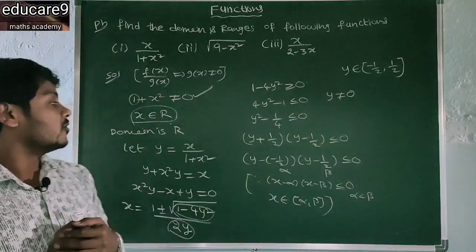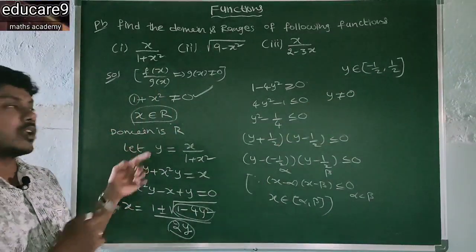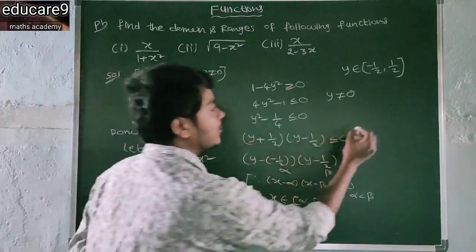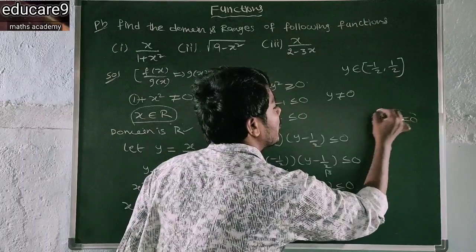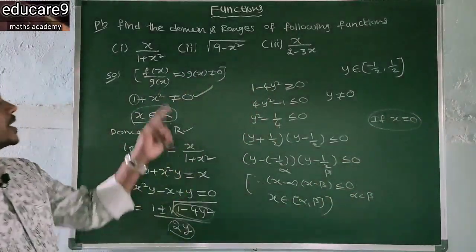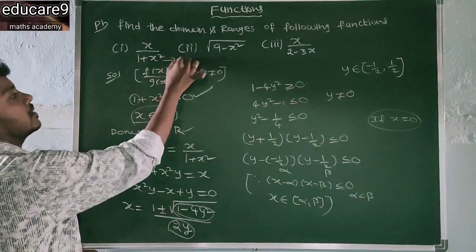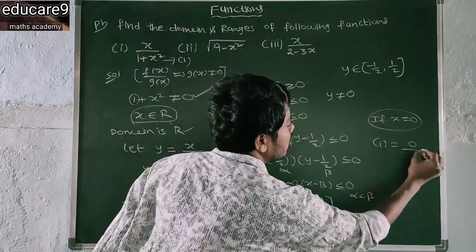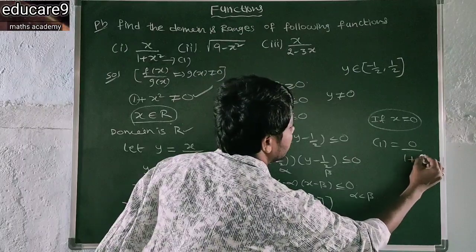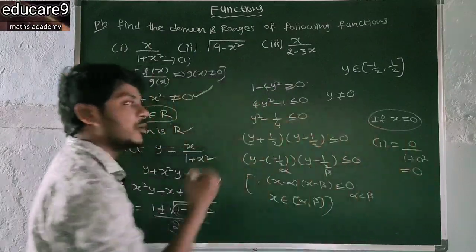But here, what is the domain? R only, no? So for example, if x is equal to 0, what is the given function? From equation 1, 0 by 1 plus 0 square. What is this value? 0.